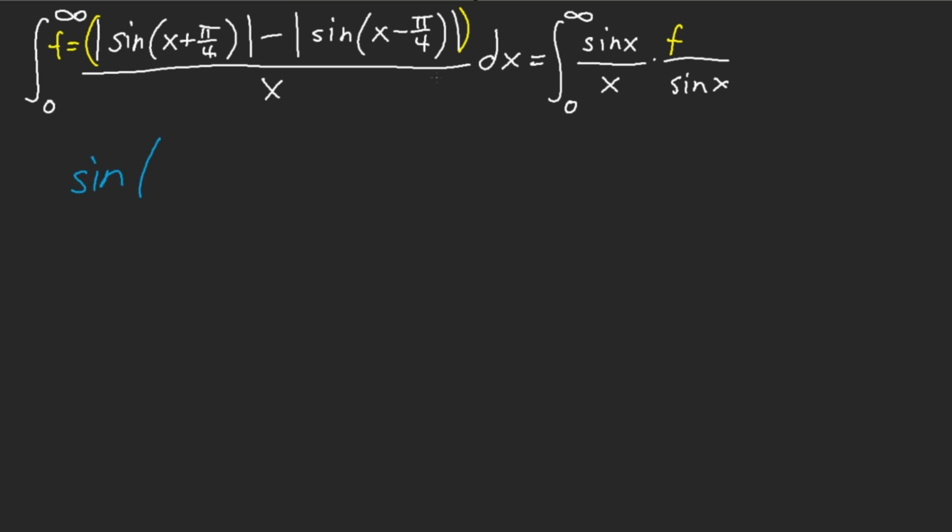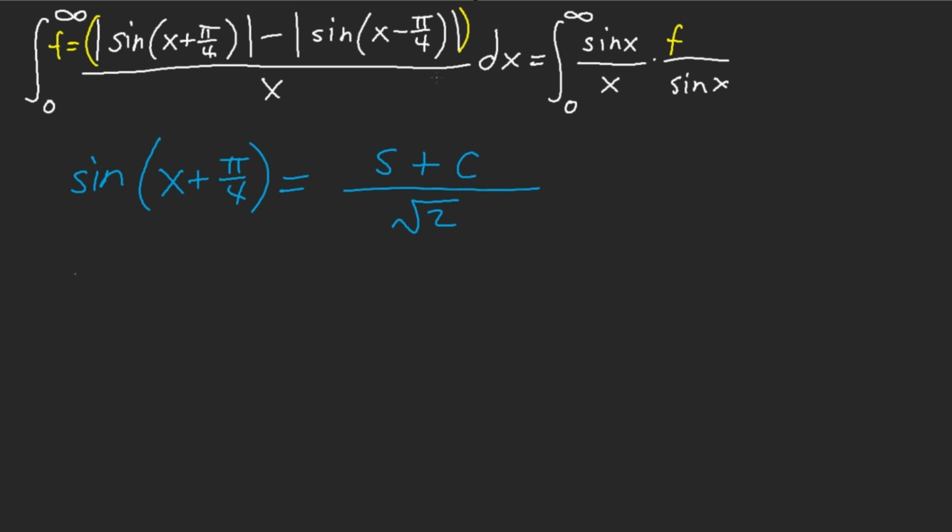To go back, our function is not periodic, and we can quickly check that. Sine of x plus pi over 4. If we do the sine law, we have sine of x times cosine of pi over 4, which is 1 over square root of 2, plus cosine of x times sine pi over 4, which is also 1 over square root of 2.